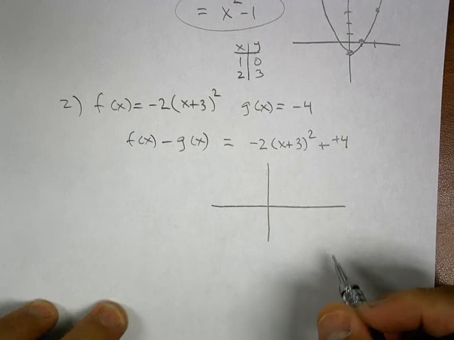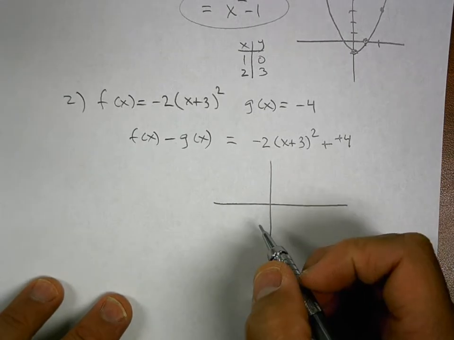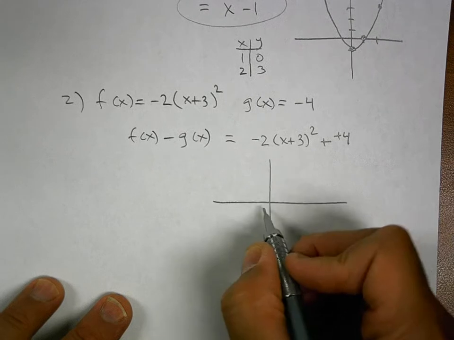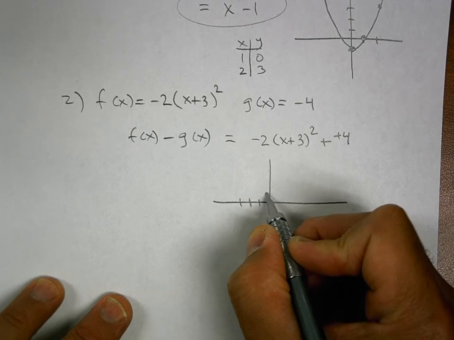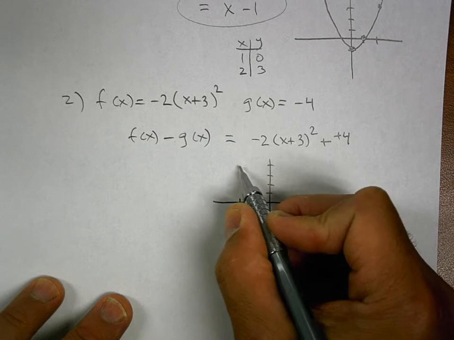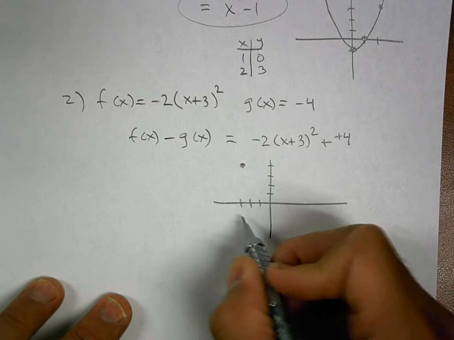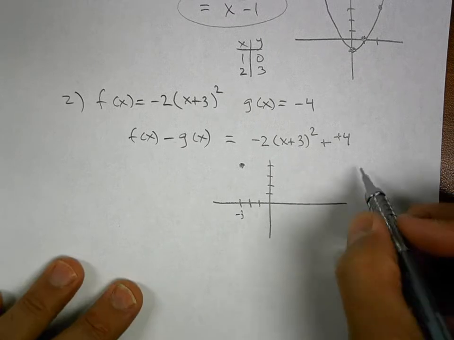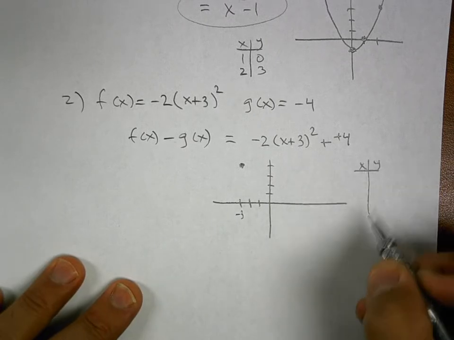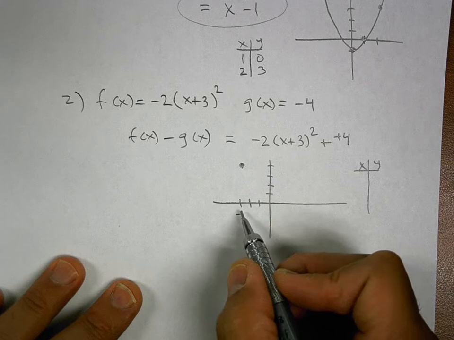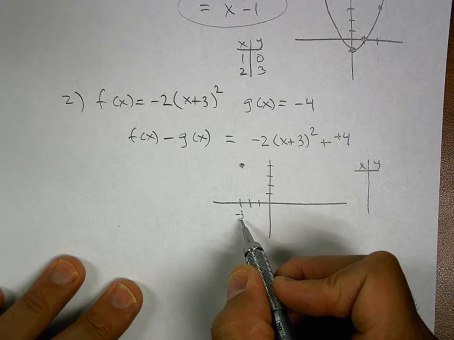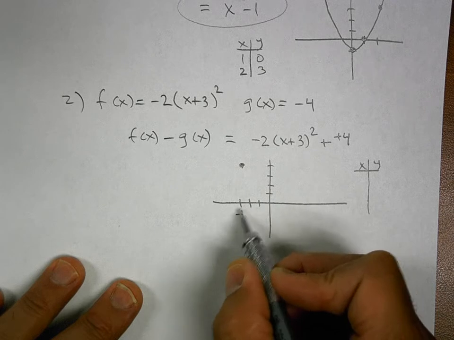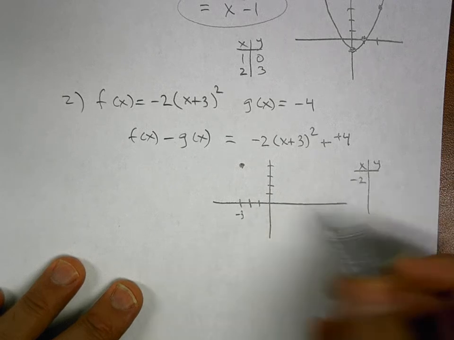We've sketched this many times. So it goes which way and which way? Left 3 and up 4. There we go. So left 3, and we know it opens down. Let's pick 1 or 2 more points. What's a good one to pick? Negative 2. I usually go 1 away from that. We're at negative 3, so negative 2.